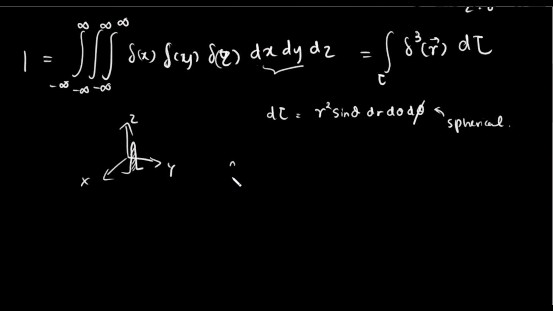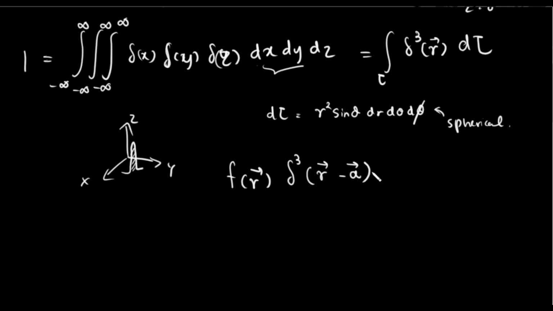Okay, now let's say you have a function f(r), and this function is shifted to the point a, not just a point, it's a vector. So let's say the delta function is shifted to a vector called a. That means we have to use this notation: f(r) times delta cube (r minus a).